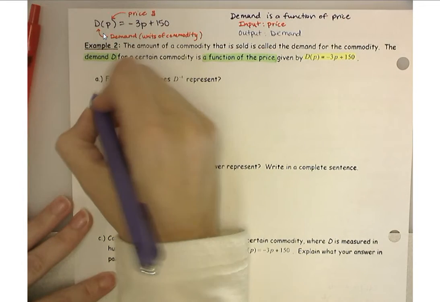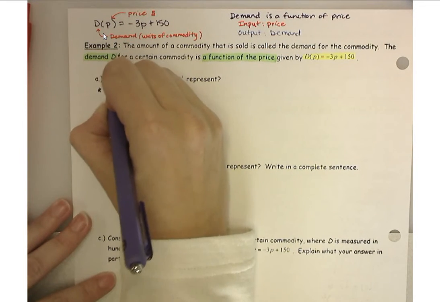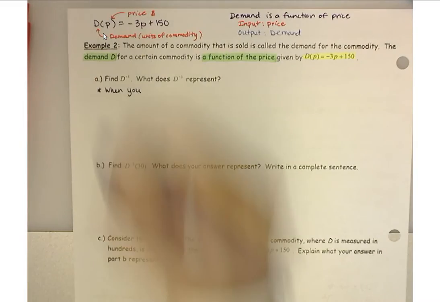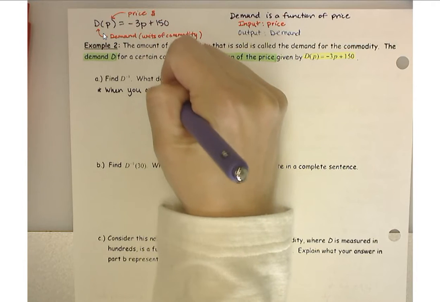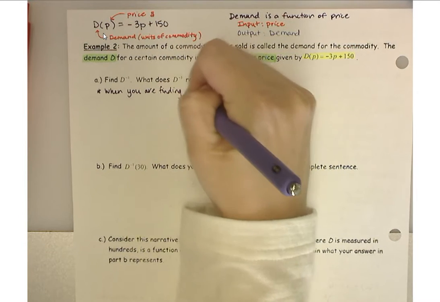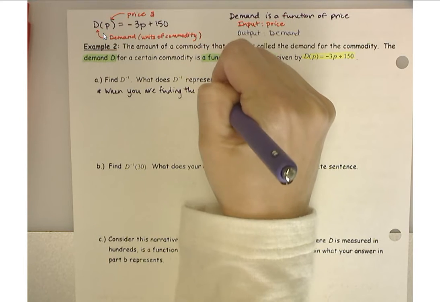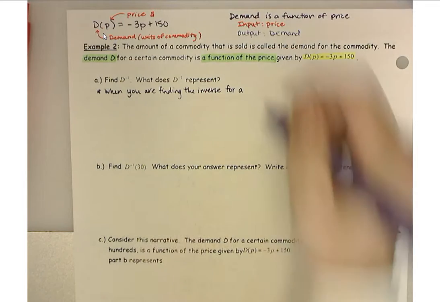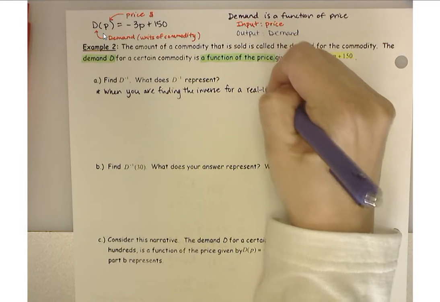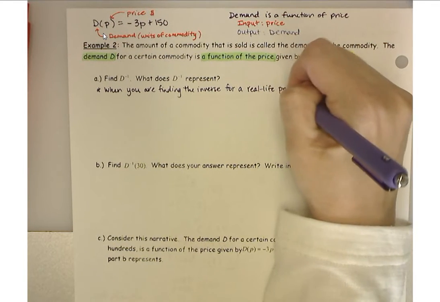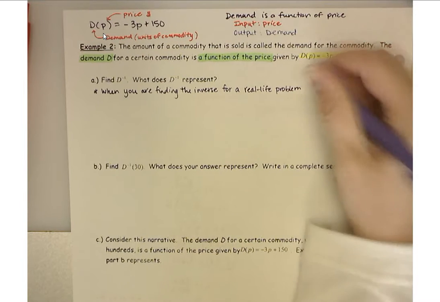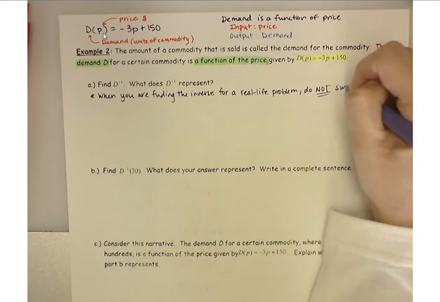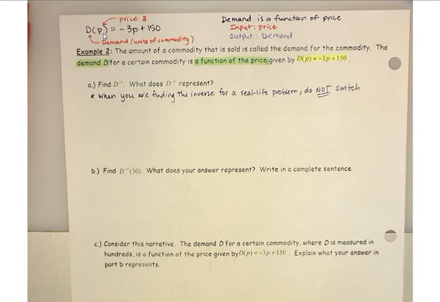So when you are finding the inverse for a real life problem, a situation that you're modeling, do not switch your variables.